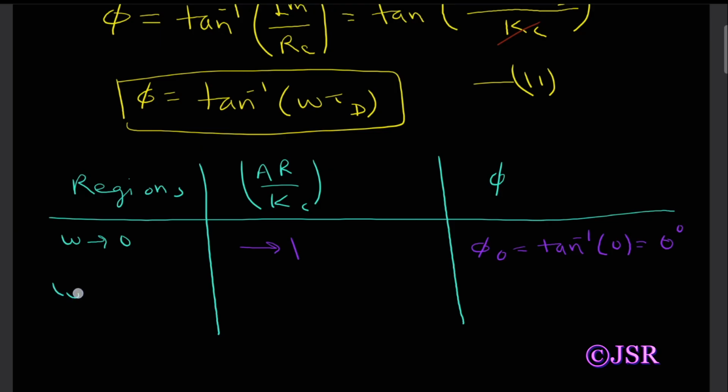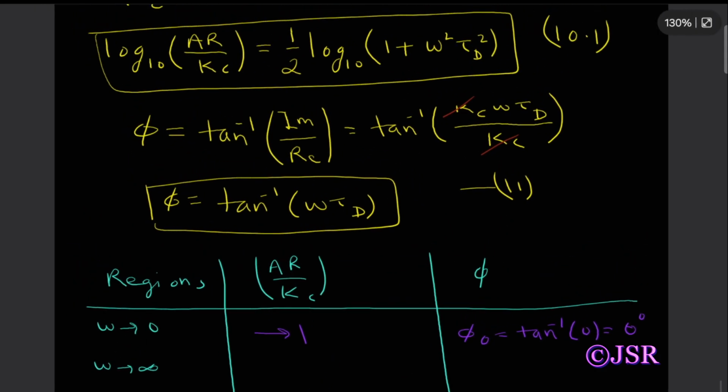So when omega tends to infinity, in that case log 10 AR by Kc equals half log 10 of 1 plus infinity.